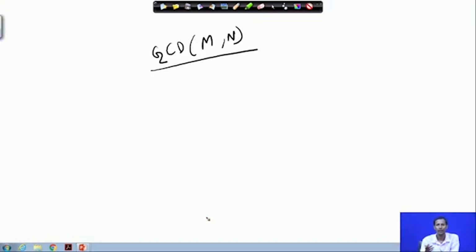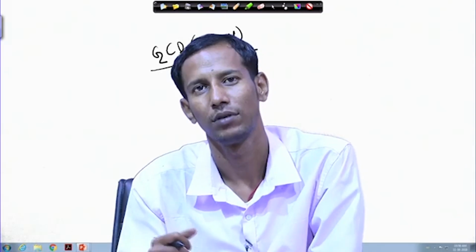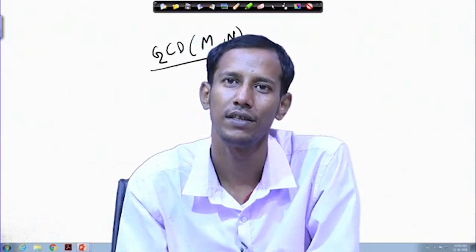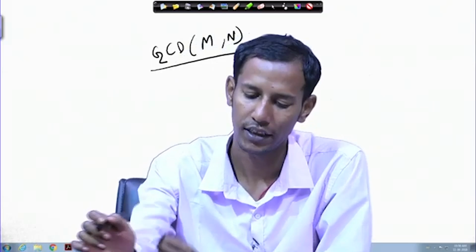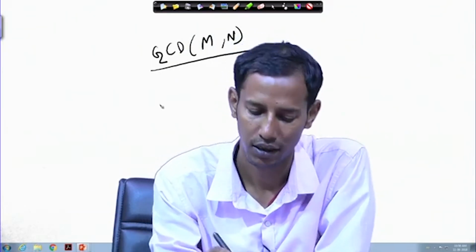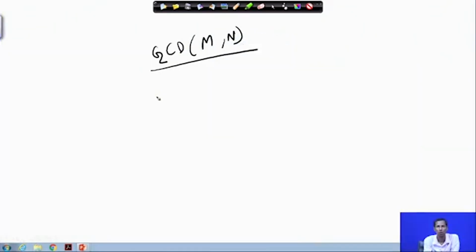I think this is a basic mathematical operation we learned in our high school days. GCD of m and n means, suppose I have two numbers, 20 and let us consider 30.